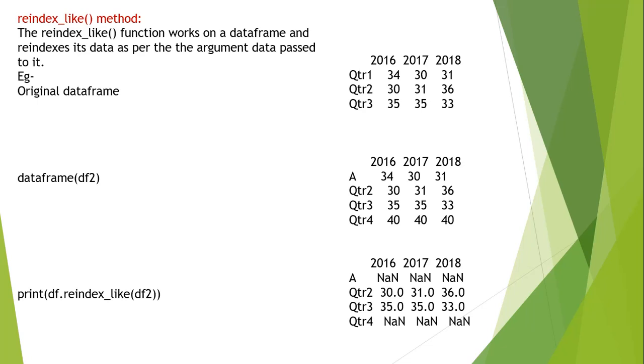If df3 is not there and you are trying to reindex it, then that will produce an error, obviously, because it needs a reference of the indexes according to which the new indexing has to be done. Okay, so let's move further now.